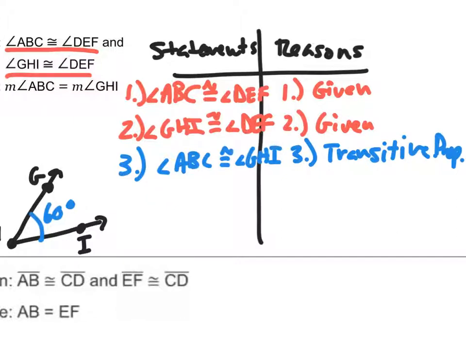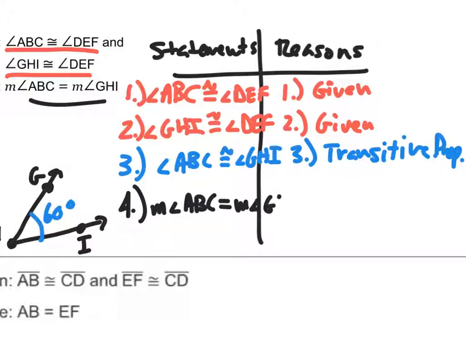But there is another step to get this actual last statement. The fourth statement is that the measure of angle ABC is equal to the measure of angle GHI. The reason we can say that is the definition of congruent angles.